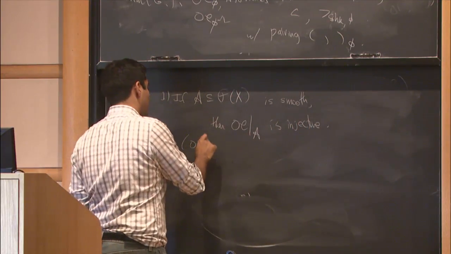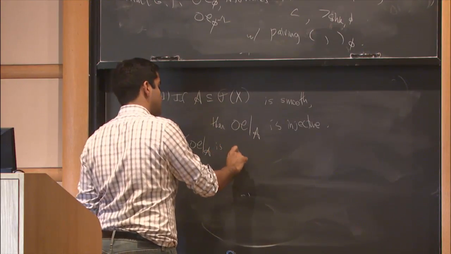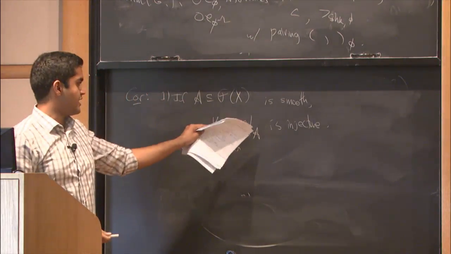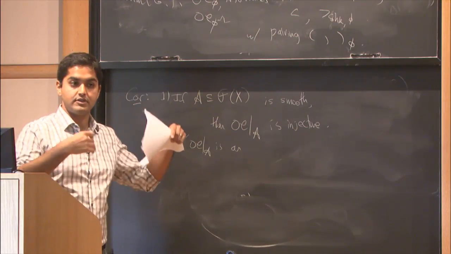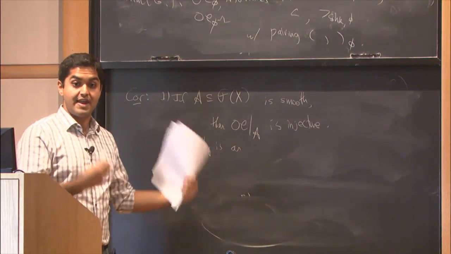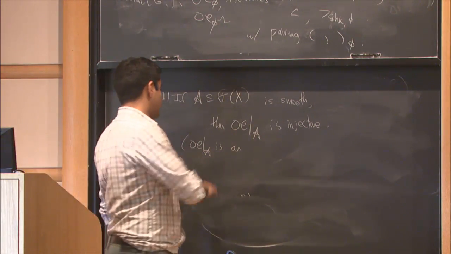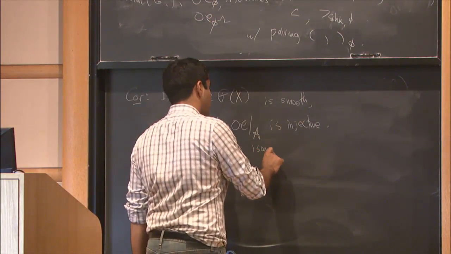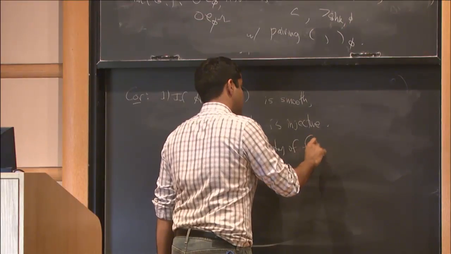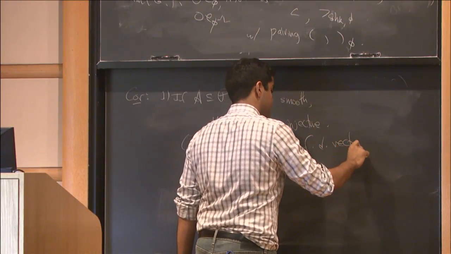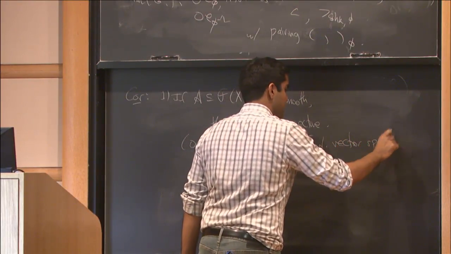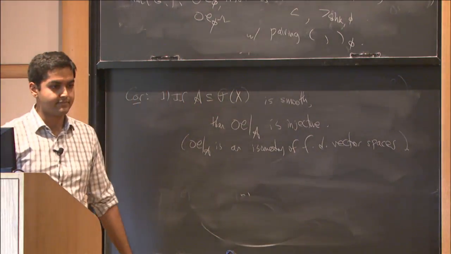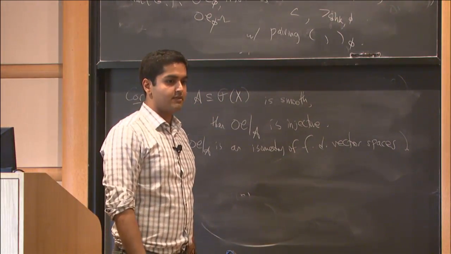Well, remember, the Shklarov pairing on a smooth proper category is a perfect pairing on a finite dimensional vector space. So OC restricted to the Hochschild homology of A is an isometry of finite dimensional vector spaces. But isometries are injective.